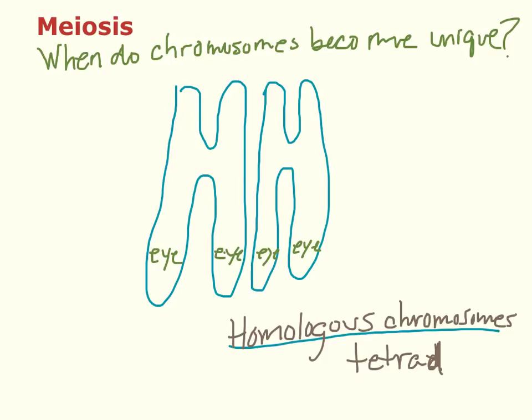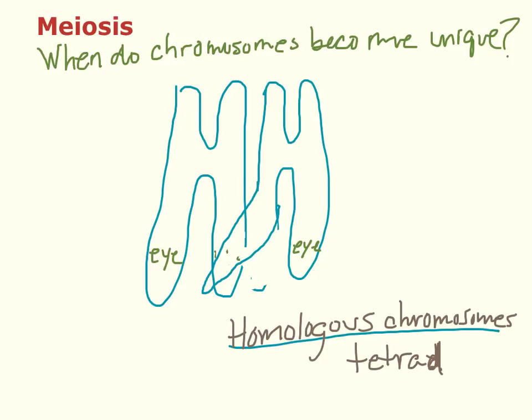So I'm going to erase this one because it's going to cross over here. It's going to come over here, and they're going to exchange genes that are in the similar location that code for the same stuff. So say it's all genes for eye color, which is not just one gene, it's a whole bunch of genes that code for eye color.